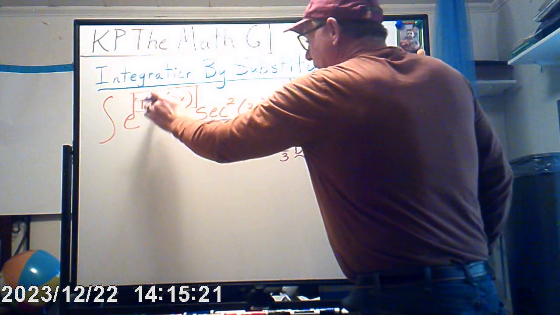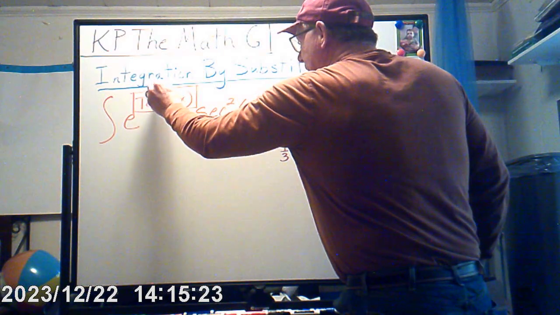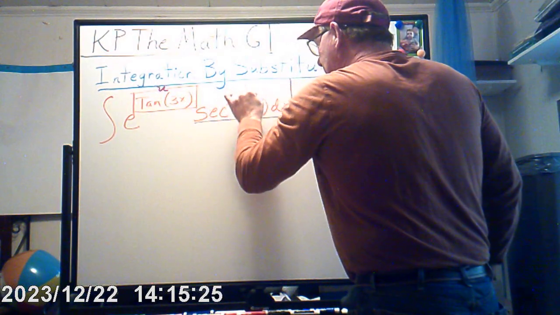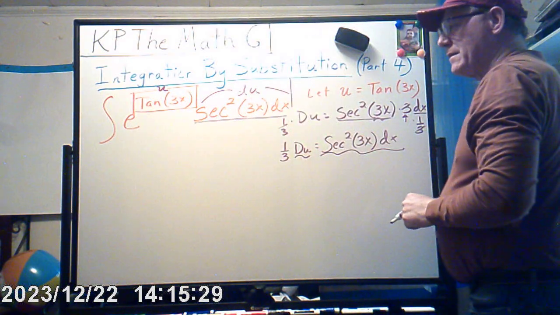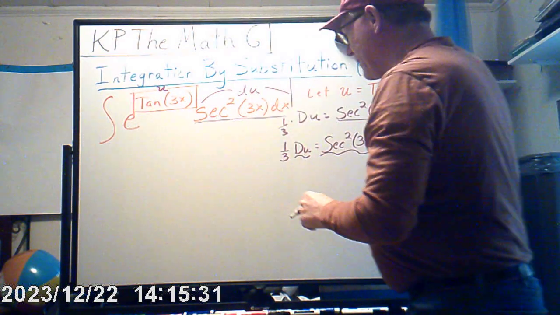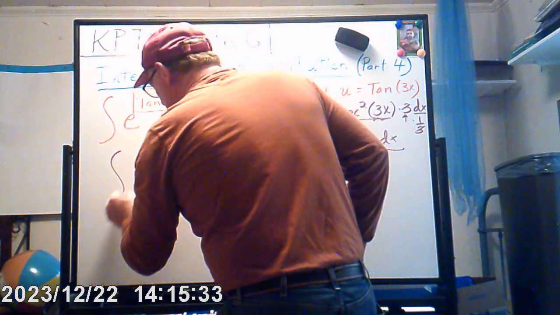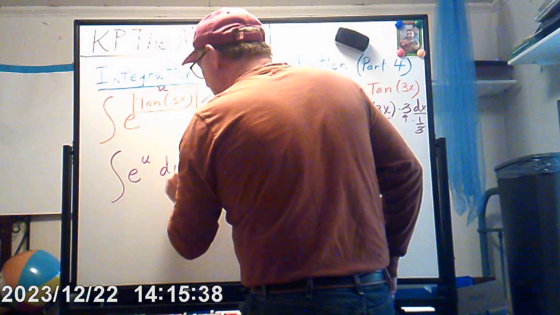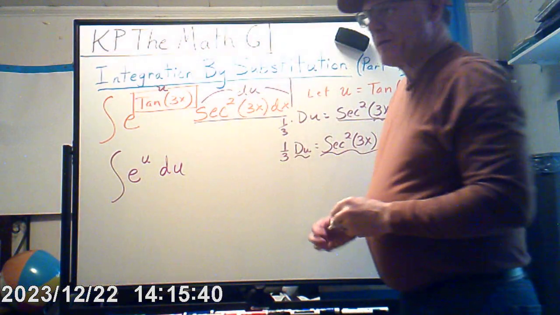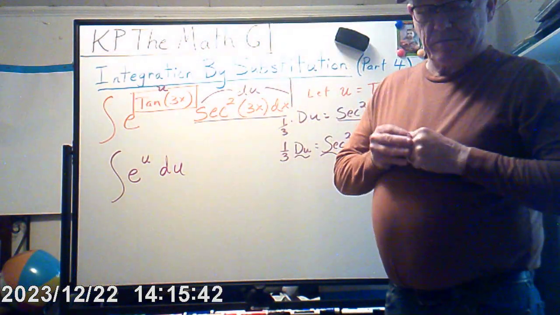u is here, du is all of this, isn't it? So look what I have. I have e to the u du, don't I? I left something out.